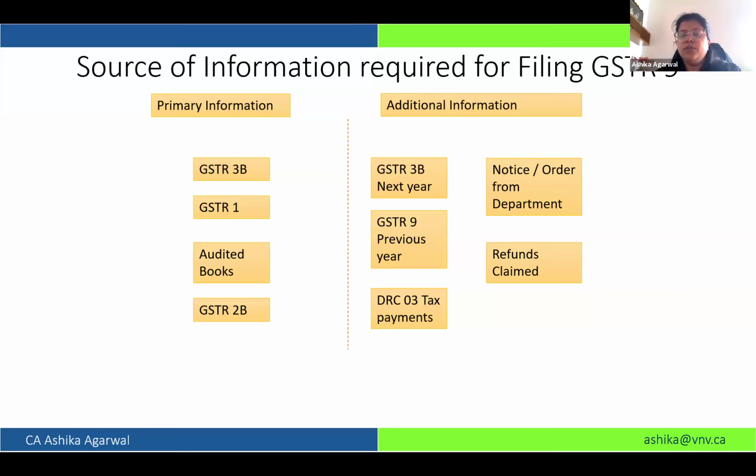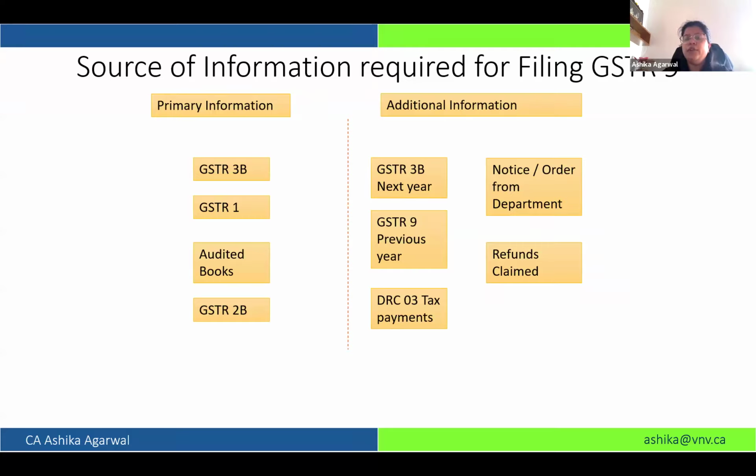Then, while doing any reconciliation, if you find any tax not paid or short paid, or any ITC wrongly availed or wrongly utilized, those adjustments, if not taken care of while filing 3B, need to be paid separately through DRC-03.